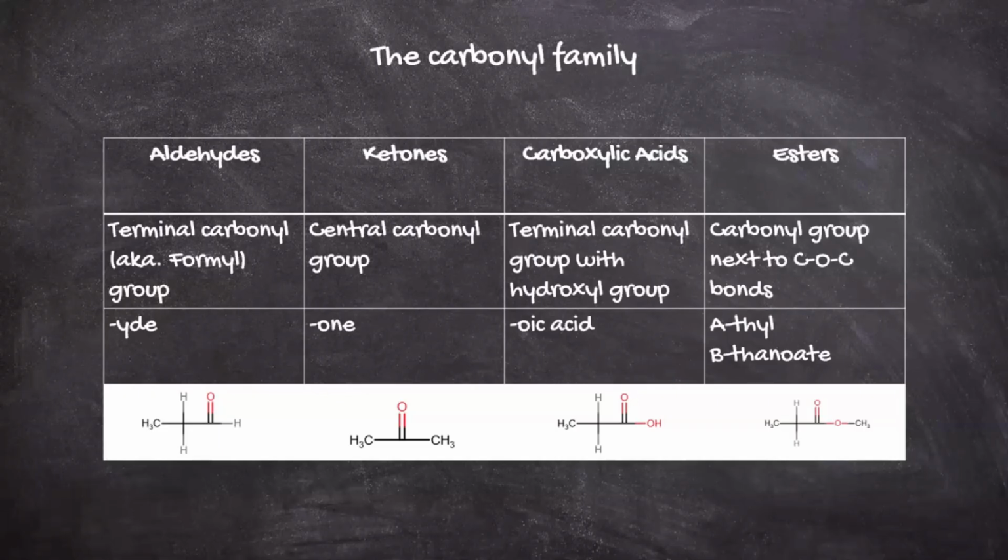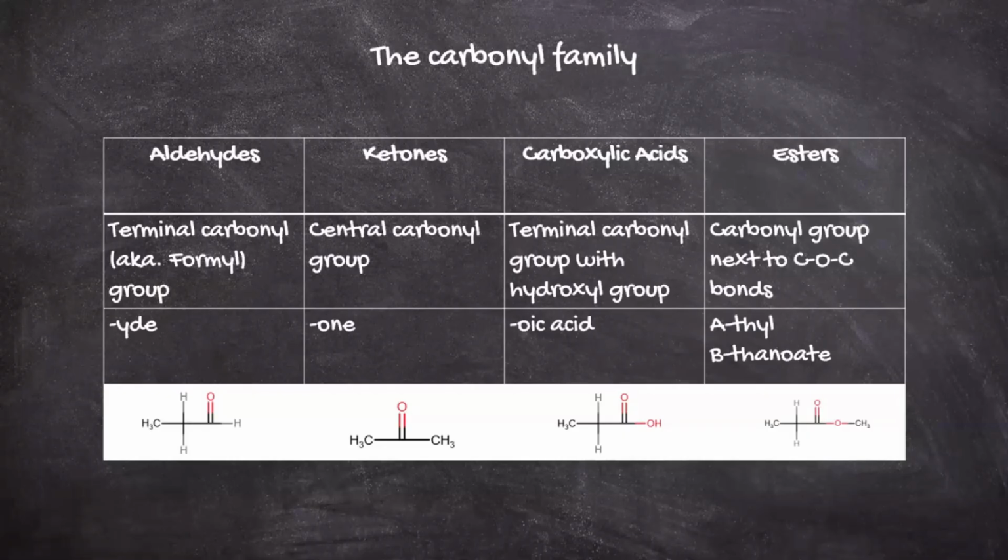Then you have the carboxylic acids. They have a terminal carbonyl group, but then they have the hydroxyl group as well, which is an OH group. And these are always denoted something something oic acid. And then lastly in this family, we have the esters.